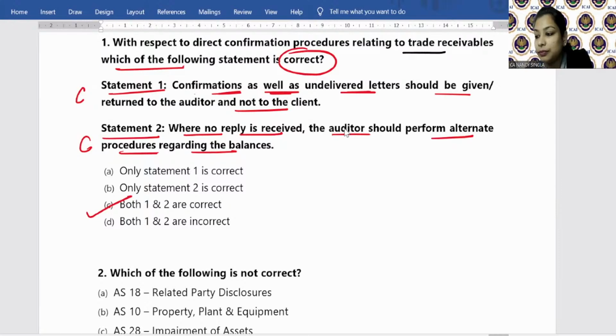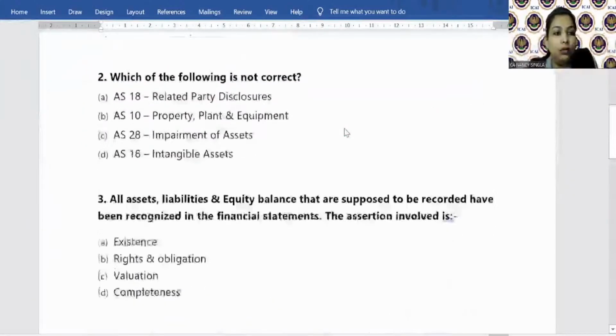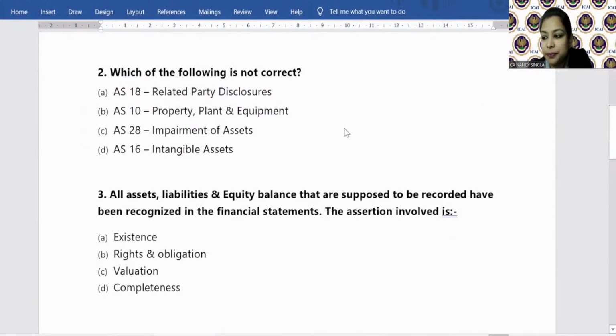Tell me. We have read this, that the auditor should make sure he has strict control over the addresses mentioned, the dispatch of letters, and the fact that the confirmation request and the undelivered letters are returned or delivered to the auditor directly. Okay, and see what is written here: which of the following is correct, so don't get confused. Okay, is it clear? Shall we proceed further? This is very simple. Question number 2.